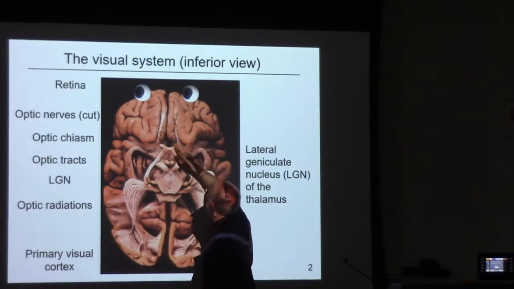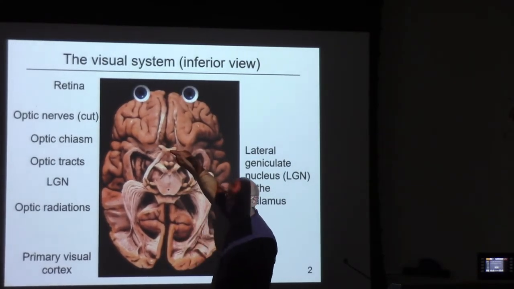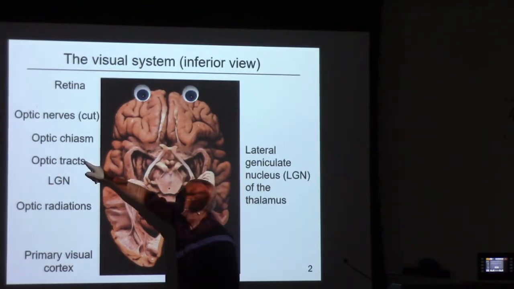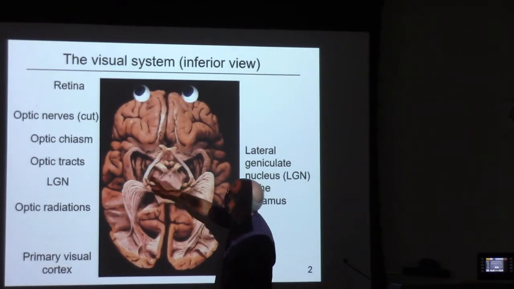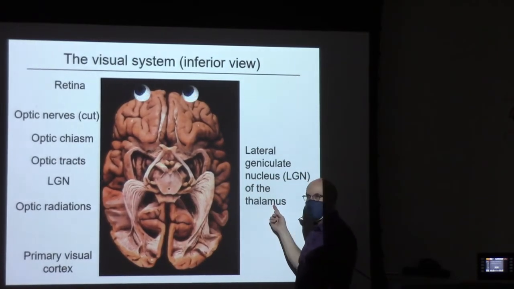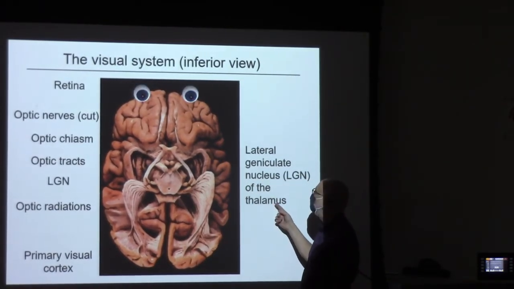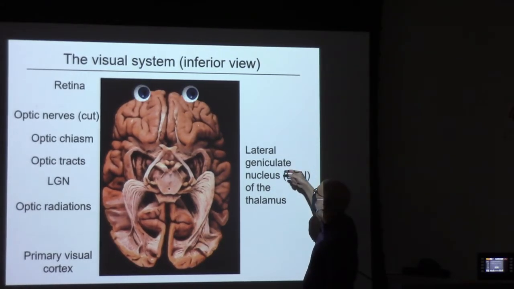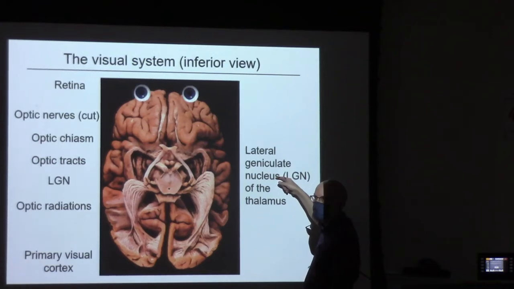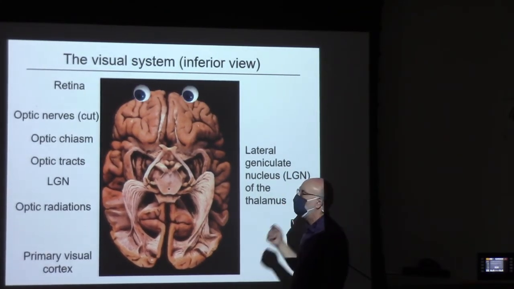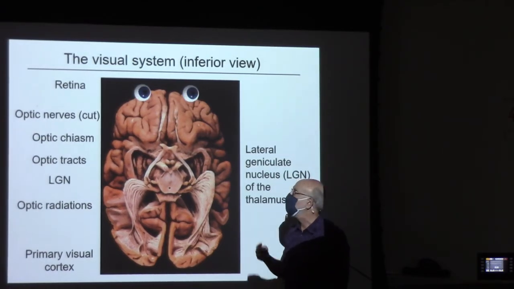Optic nerves from the eye to the optic chiasm, optic tracts from the optic chiasm to a nucleus in the thalamus. This is going to be important now. A nucleus in the thalamus that has a name called the lateral geniculate nucleus. That is a section of the thalamus that processes visual information from the retina.